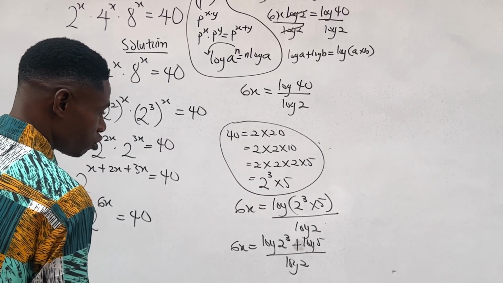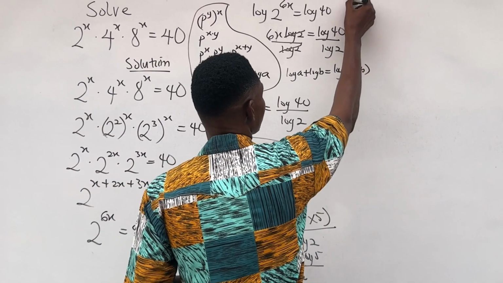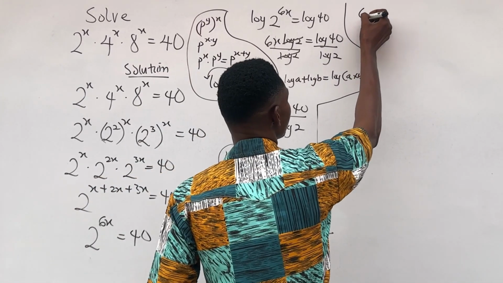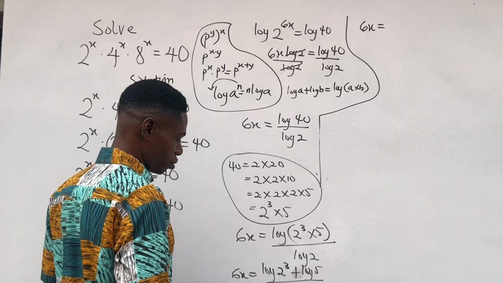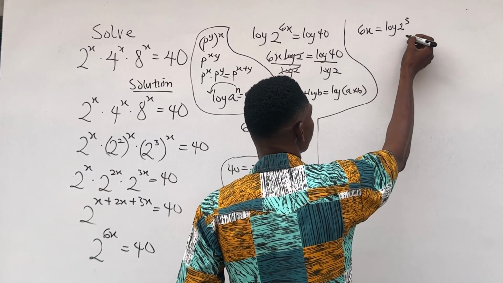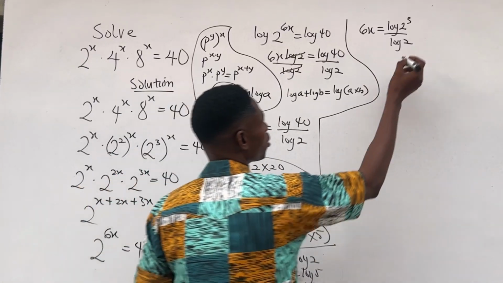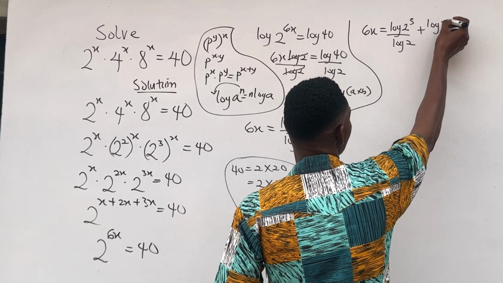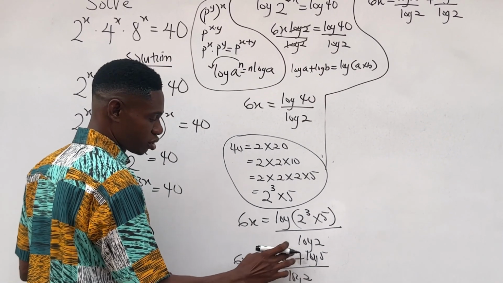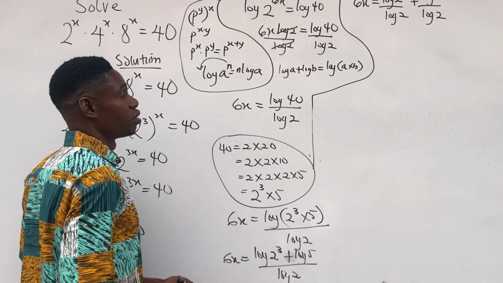If we split the fractions, what we'll have is 6x equal to log 2 raised to the power 3 over log 2, that's the first part, plus log 5 over log 2, that's the second part. So this 2 raised to the power 3 and log 5, I just separated both.